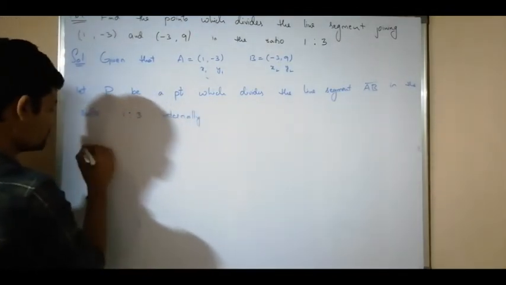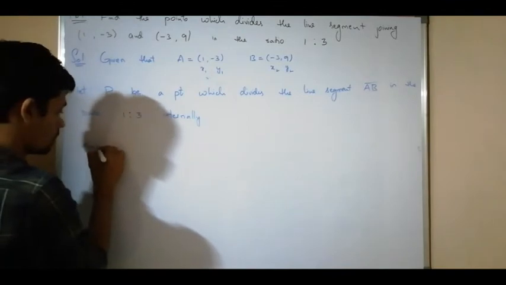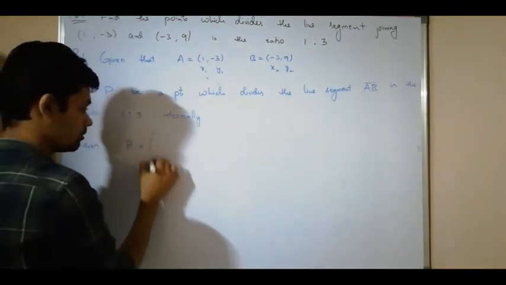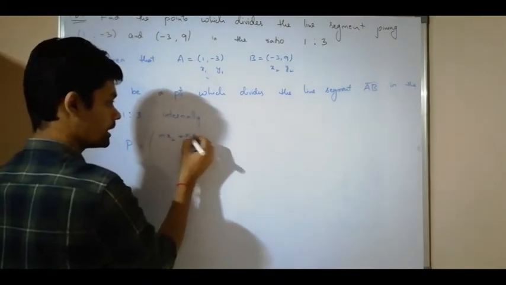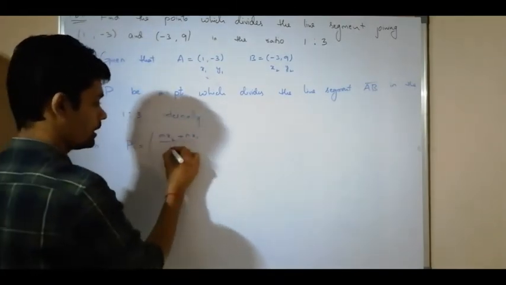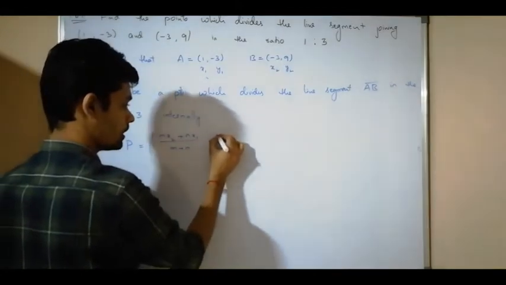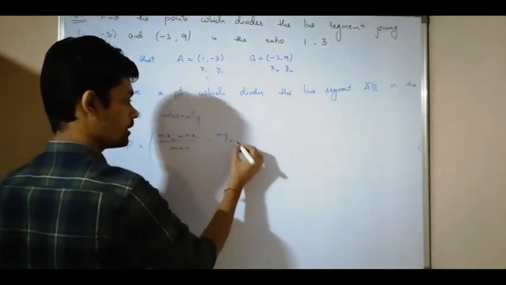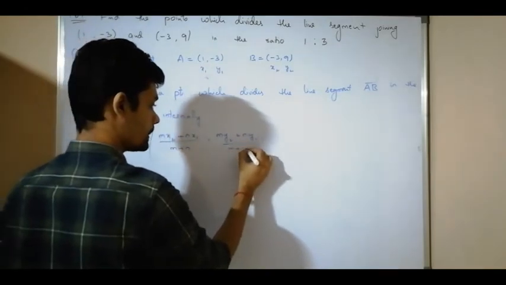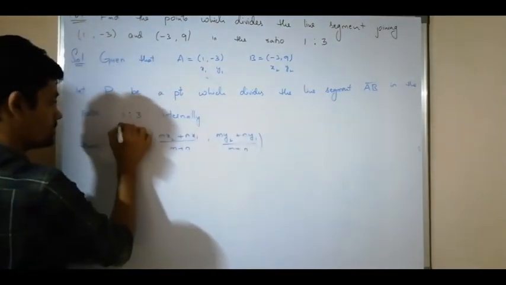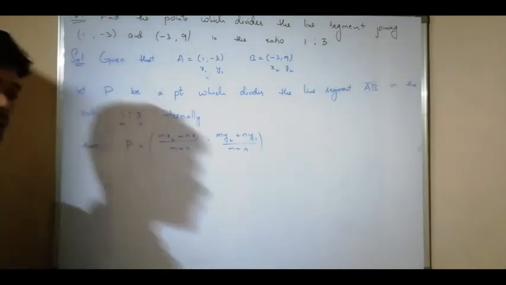Then what is P? P is equal to (m x2 plus n x1, the internal formula, by m plus n, comma m y2 plus n y1 by m plus n). This is m and this is n.